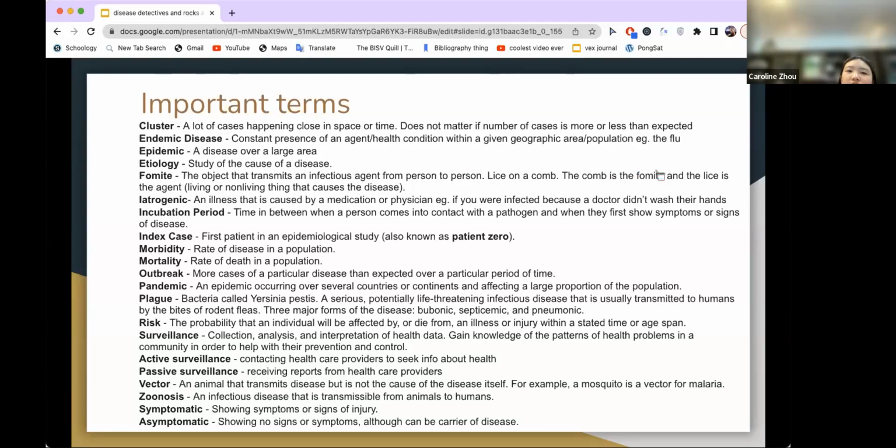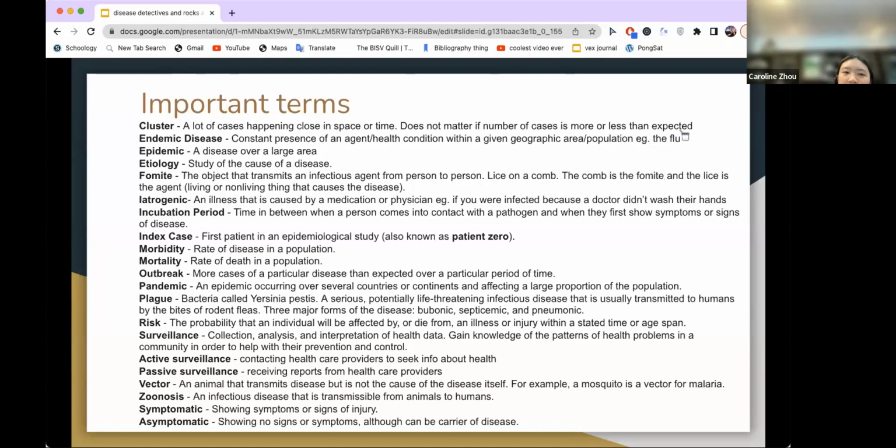Morbidity is the rate of disease in a population, and mortality is the rate of death in a population. An outbreak is more cases of a particular disease than expected over a particular period of time. So in an outbreak, you have to have more cases than expected. But in a cluster, it's just a lot of cases happening, and it doesn't matter if it's more or less than expected.